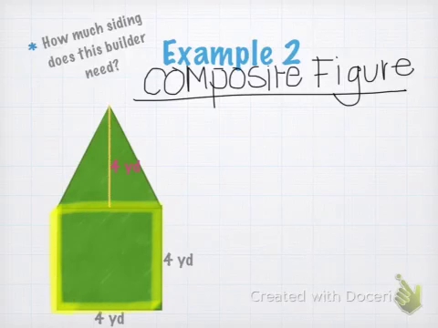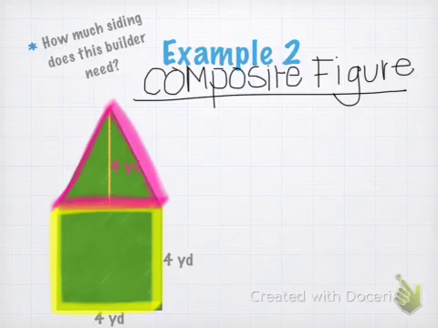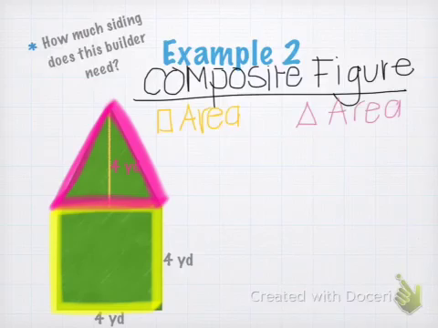So we're actually going to have to find the area of this square, and then we're going to have to add it to the area of this triangle up here on the top of the house. So we're going to actually solve for those separately, and then we will add them together in the end. Okay, so finding the area of a square is review and very simple.